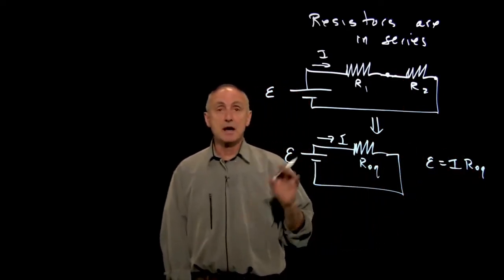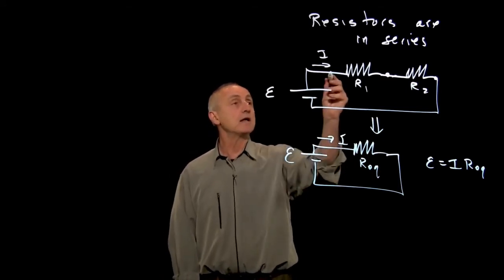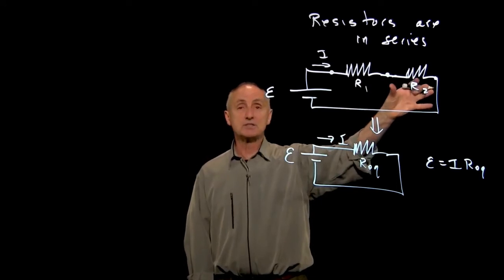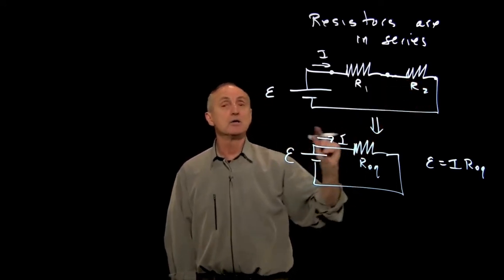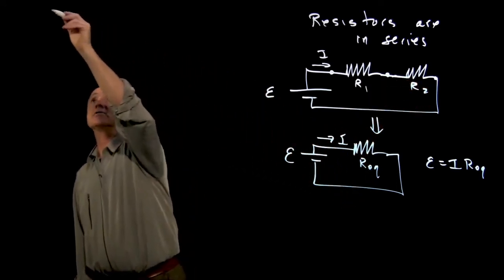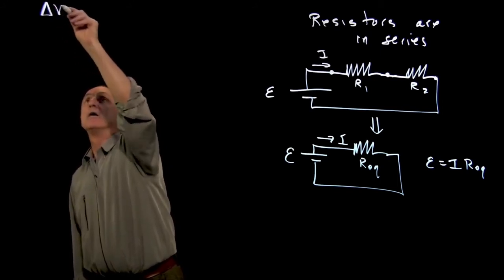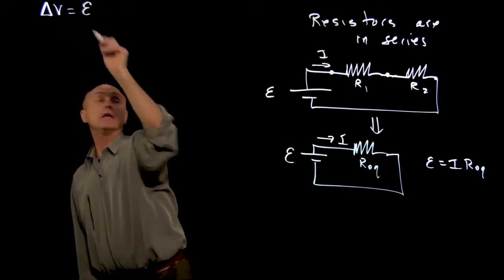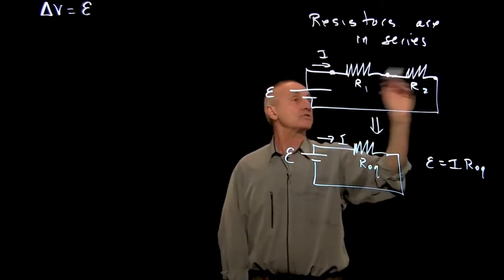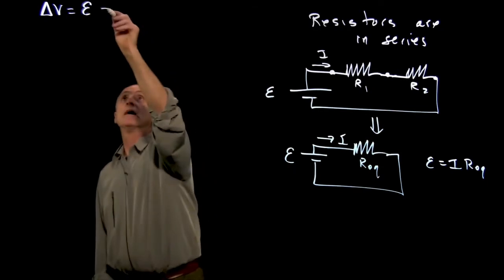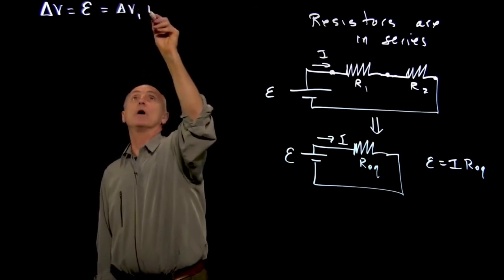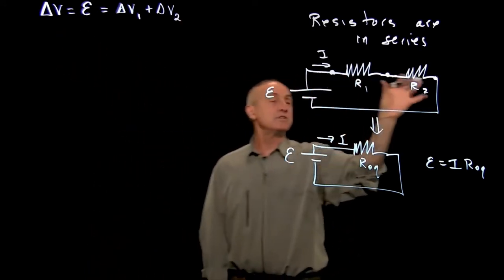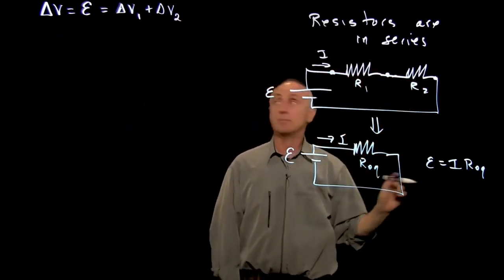Now, the main idea here is that the voltages across two elements that are connected in series add. So the principal idea is that the voltage across the two elements, which is going to be our EMF, adds, and that's equal to delta V1 plus delta V2. So for series elements, the voltage adds across them.